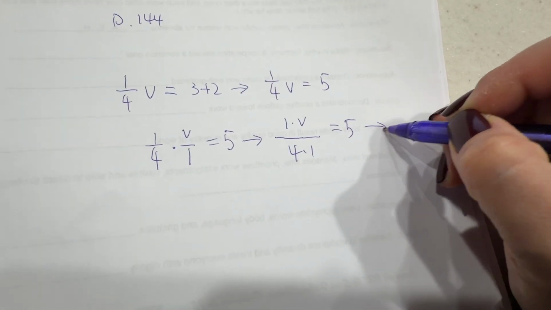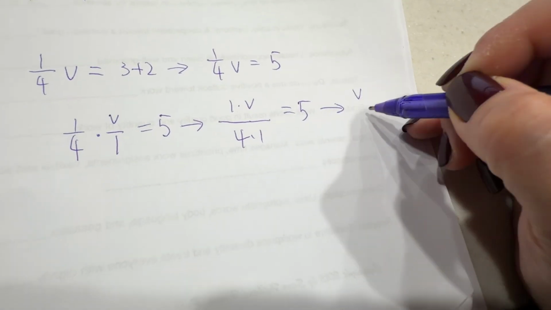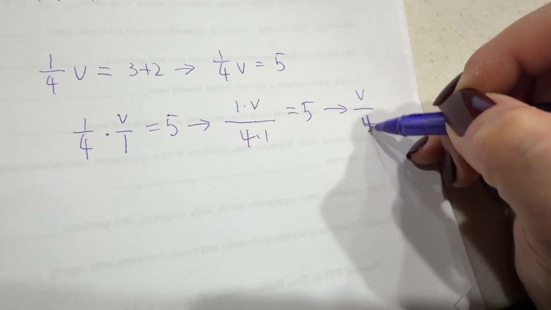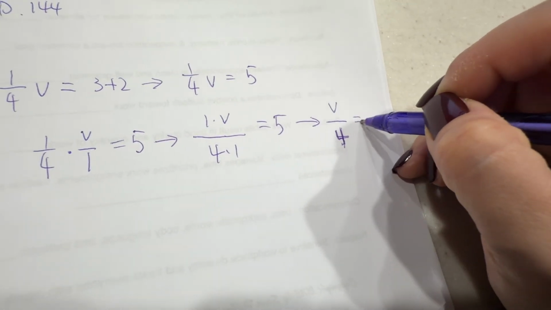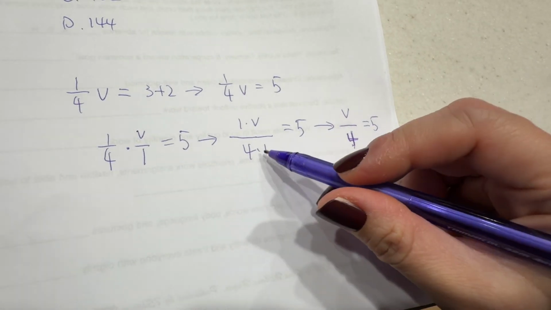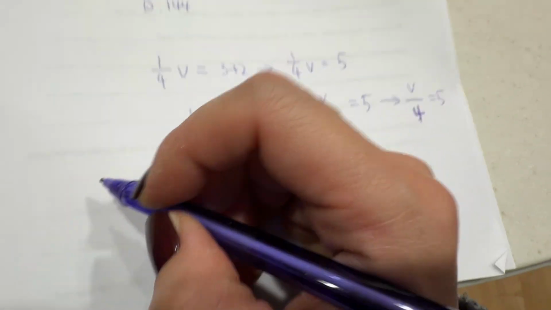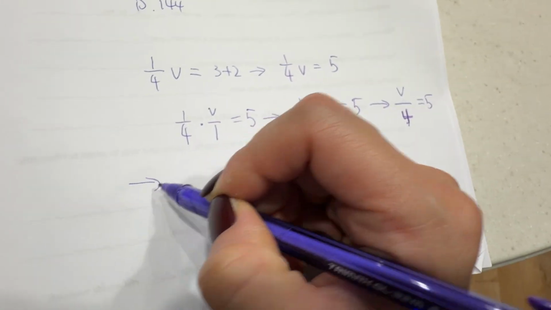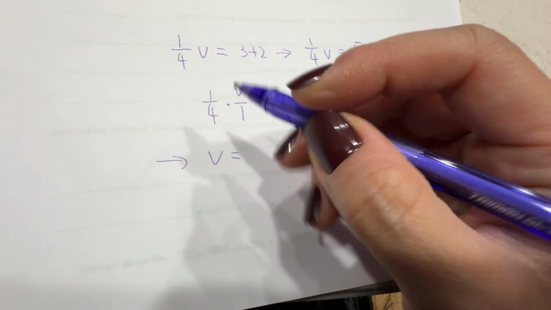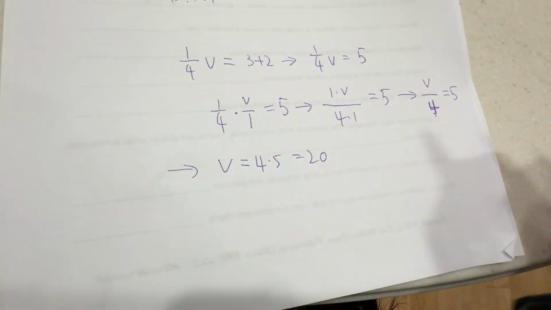We're going to further solve. 1 times v equals v. Denominator 4 times 1 equals 4. This gives us 5. There's no calculation involved there, so we just copy it down. Next step will lead us to v equals 4 times 5, which gives us 20.